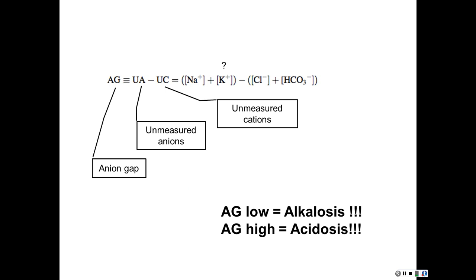An anion gap, the anion gap that people talk about, is a representation of that. Depending on your source, some people don't use potassium in the calculation of this. Some people just use sodium. But you add up the sodium and subtract away the chloride and the bicarb, and you have some measure of unmeasured anions in the blood.